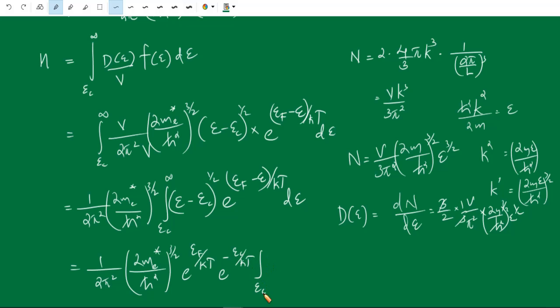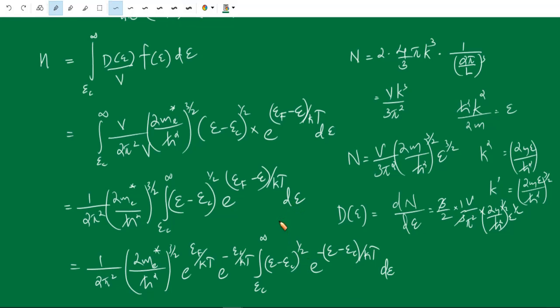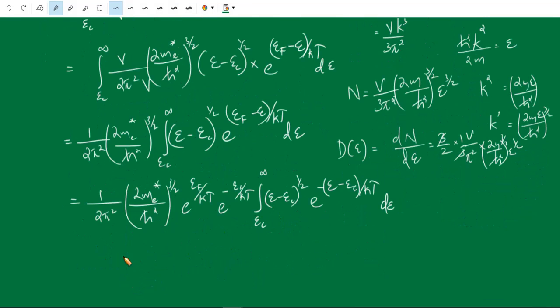So therefore I can write integral EC to infinity (E minus EC) whole raised to 1 by 2, e raised to minus E by kT is there, and I have to multiply the e raised to EC by kT also, so it will be minus of minus EC by kT, into dE. Now let me put this E minus EC as x.